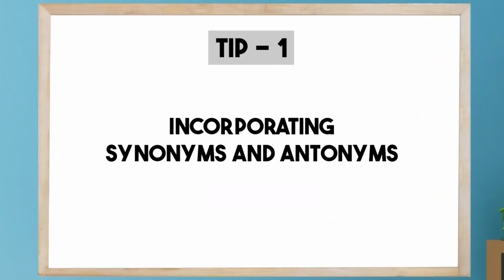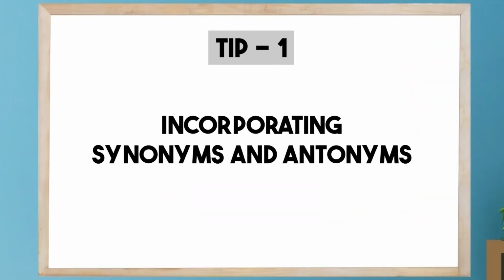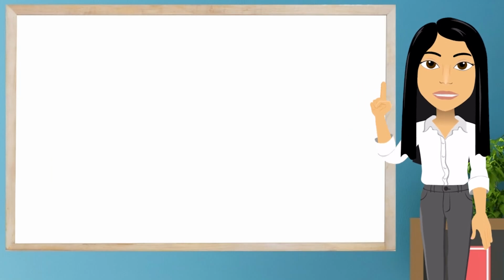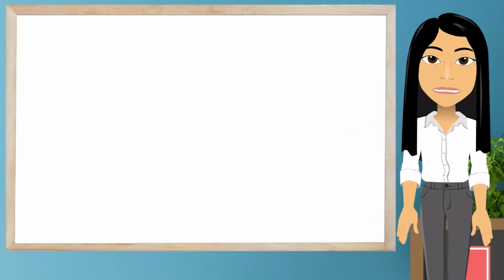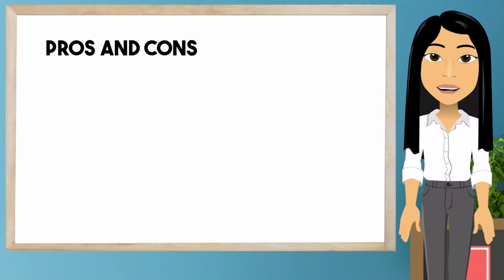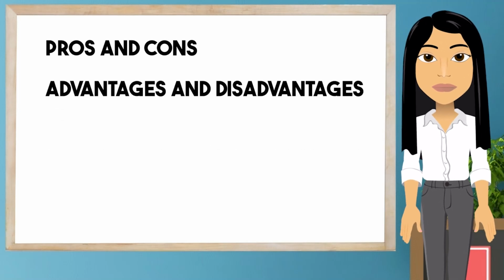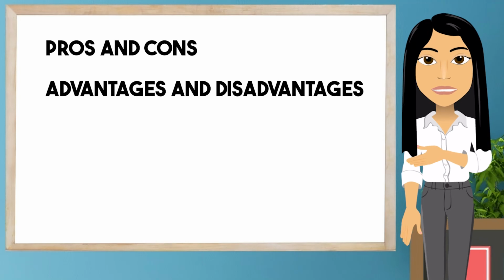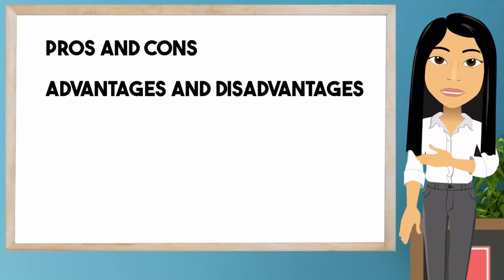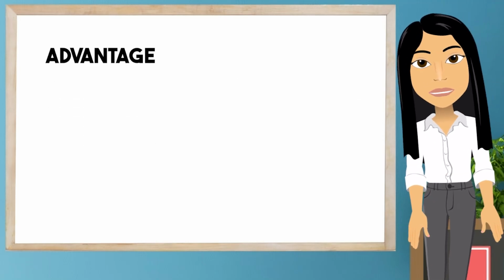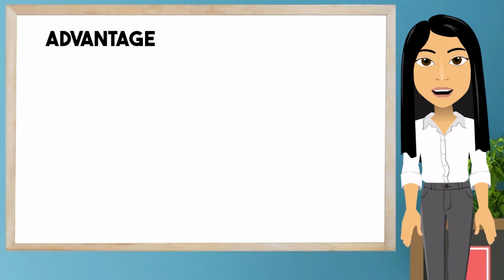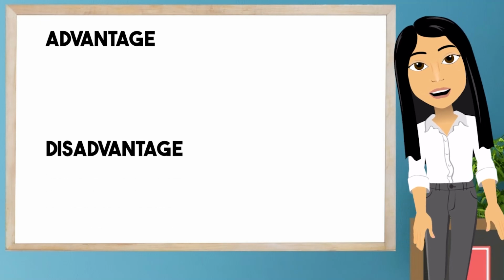Tip 1. Incorporating synonyms and antonyms. First things first. What you can do to begin with is recognize what other words you can use instead of pros and cons, or advantages and disadvantages. These words are effective, but using them all the time can bore anyone. Simply, an advantage is the good part of something, while a disadvantage is the bad part.